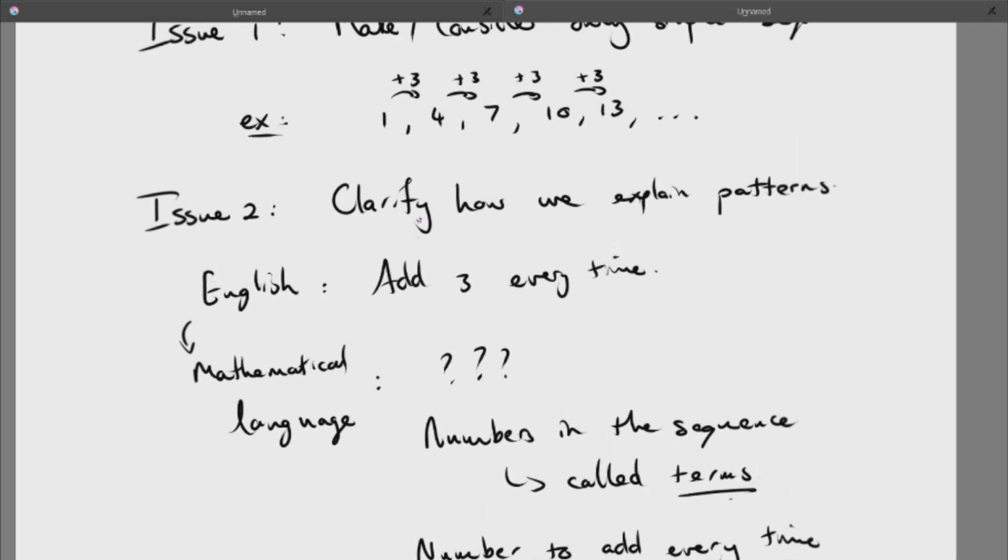and that is the position that the terms occur in. Always starting with 1 and going up by 1. So the number 7 is in position 3, and the number 13, the term 13, is in position 5. So those already have a word, the position.